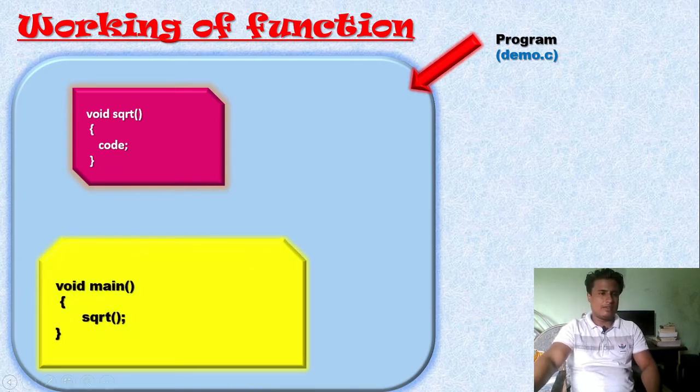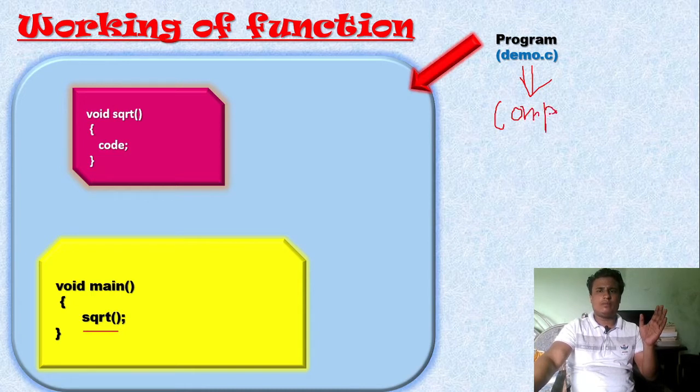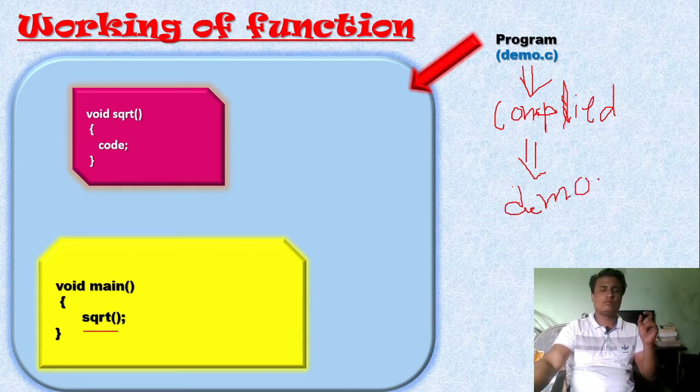In the main function you can see that the function sqrt is being called. This is the file demo.c, and whenever you compile this file, it will convert it into a compiled file, and then after compilation it will convert it into a .o file, demo.o.